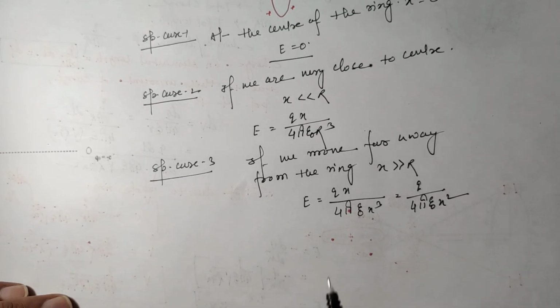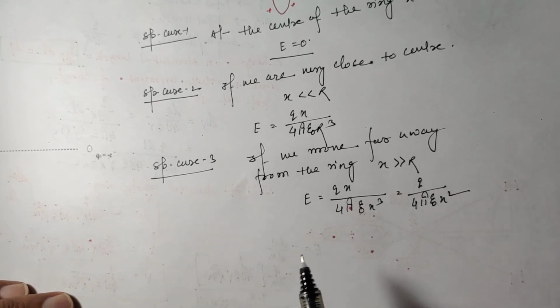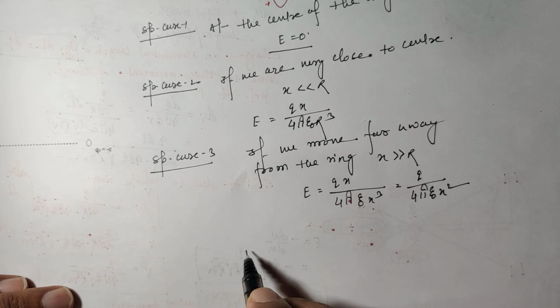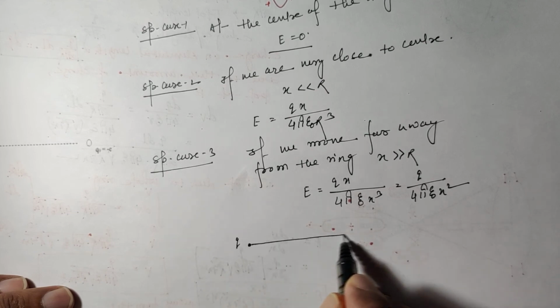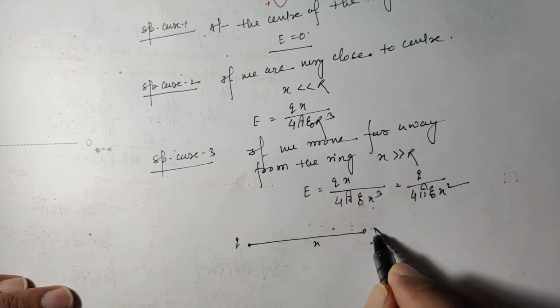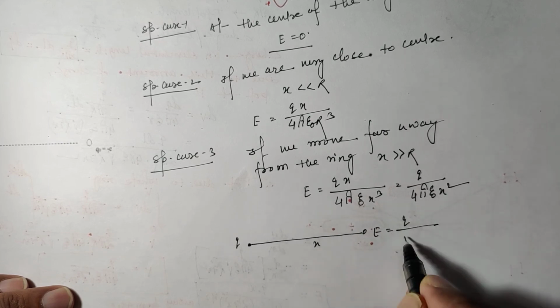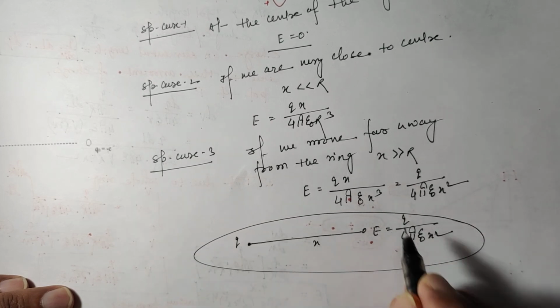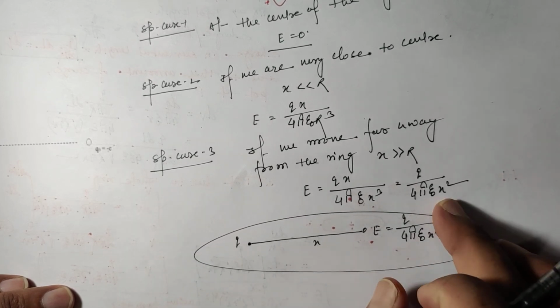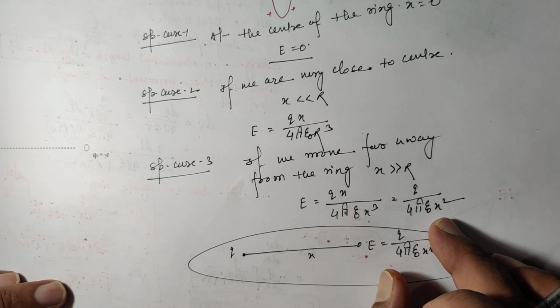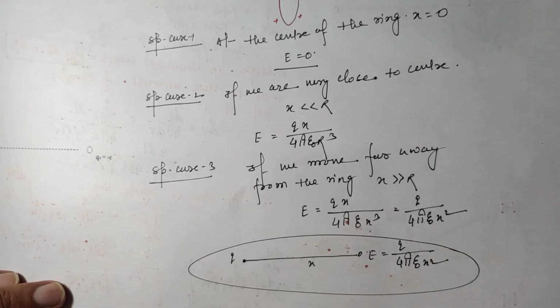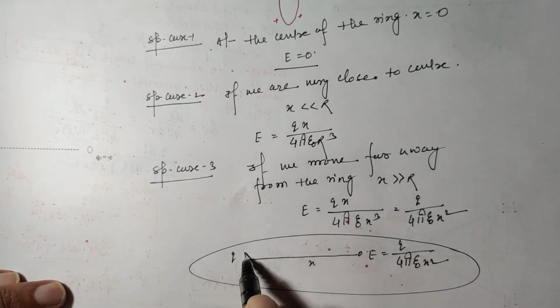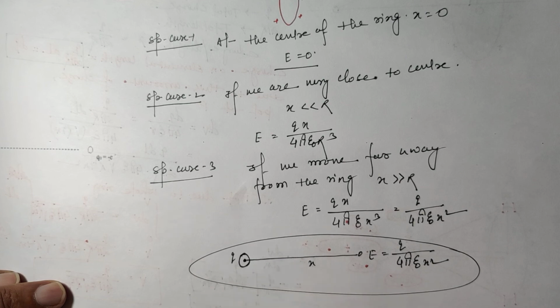We would get the same expression if instead of a ring we just placed a single point charge q at a distance x. We get the same expression for intensity, which is q by 4 pi epsilon naught into x square. So using the ring, the result we have got is the same as that obtained by replacing the ring with a point charge.